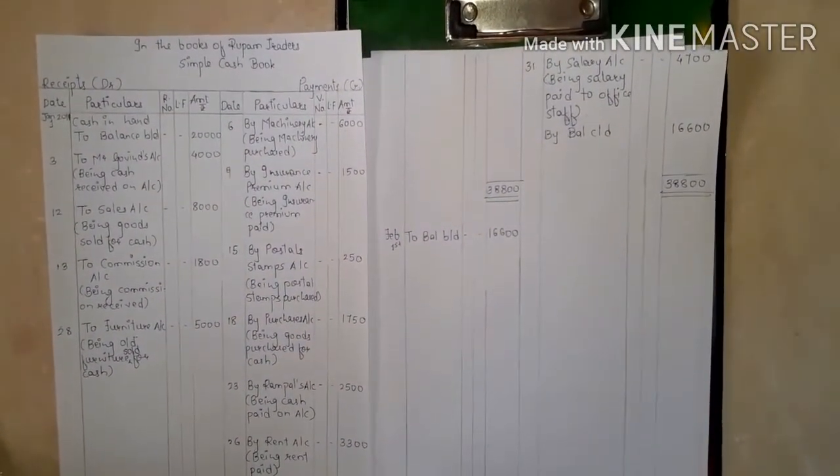I hope you understood this. So that's it with our example of simple cash book. I hope you all understood how the transactions are to be recorded in a simple cash book. This was a very first book. This is our main document, and of cash book we have solved the very first document, that is simple cash book.